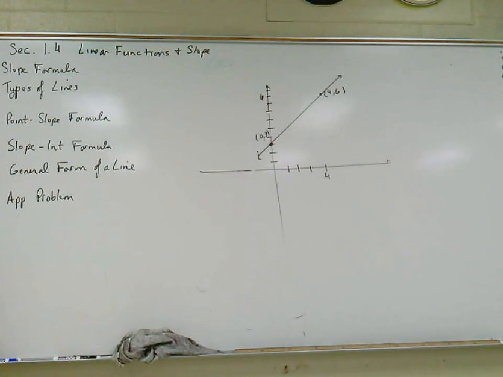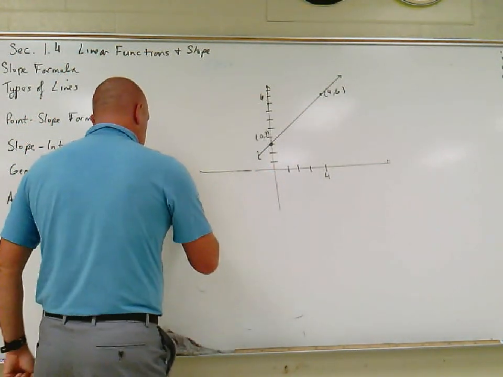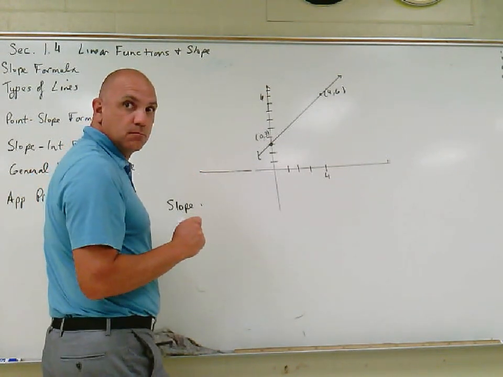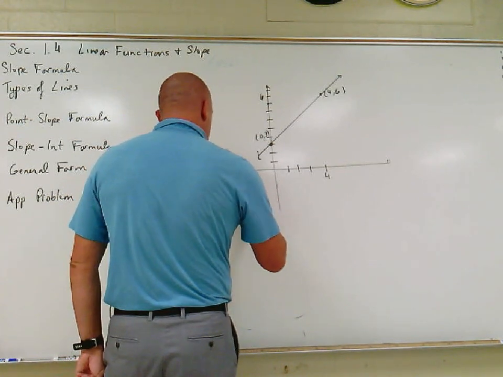What is the formula to calculate the slope of a line? All right, so the slope formula, we use what letter for that? M. And it's change in y over change in x.